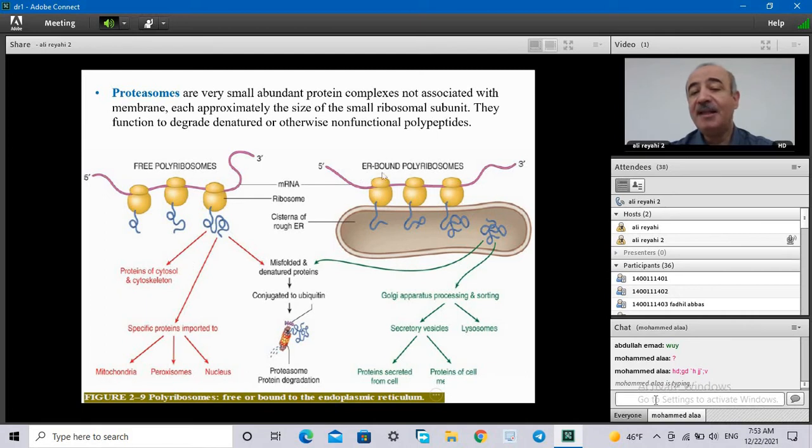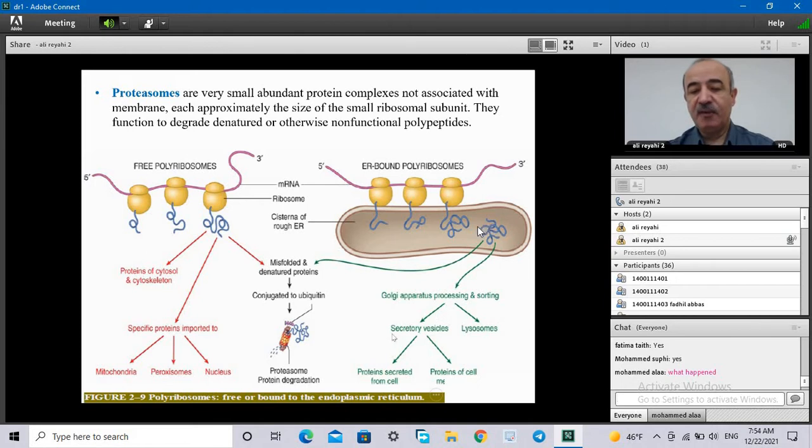And the ER bound polyribosomes are involved in production of proteins for secretion, for exocytosis, for the lysosome, for example.